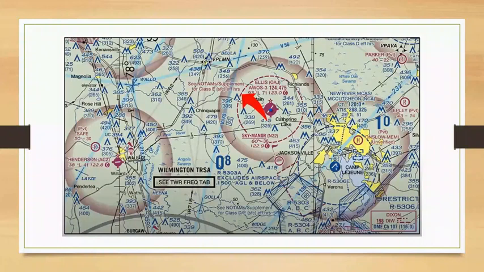Now in this case there is no overlying airspace, so it does extend up to 17,999 feet, which is basically up to the bottom of Class A airspace, and that is all controlled airspace. So that's an important thing to note, that our Class E runs all the way up to the tippy top, up to Class A.